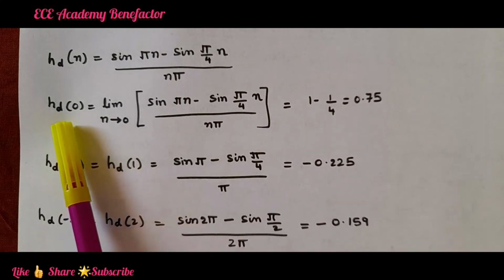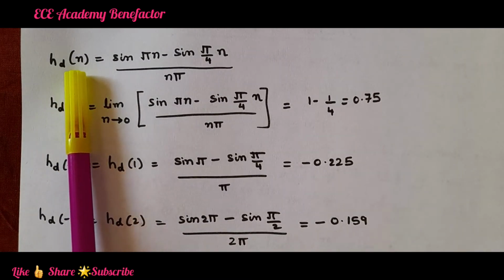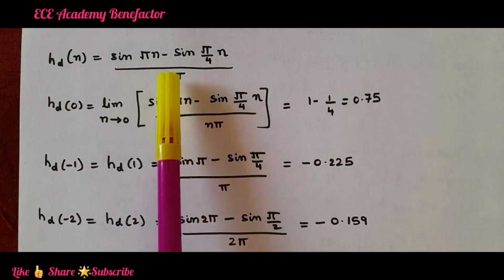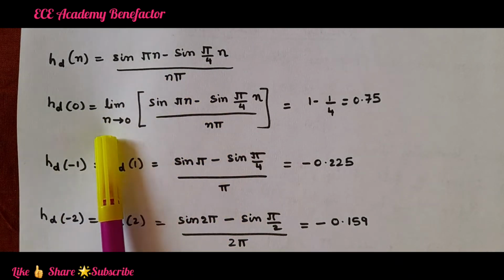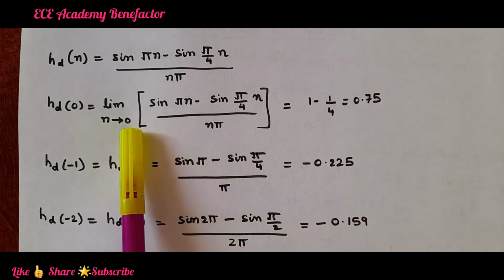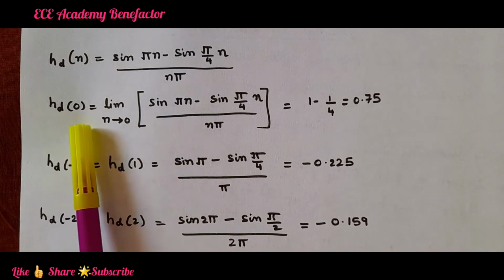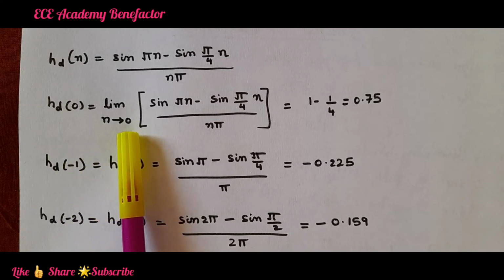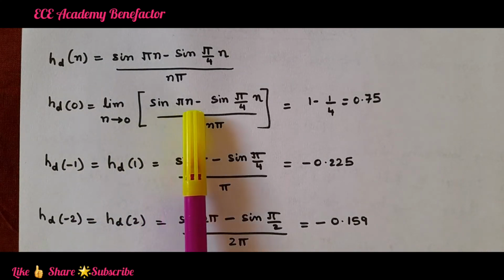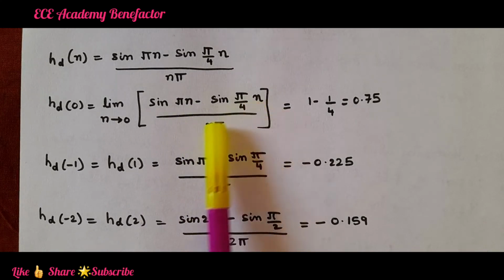So, let us find hd of 0. If we directly put n equal to 0 in this, it becomes infinite, so it is not correct. So, we take the limit n tending to 0 for finding hd of 0. hd of 0 is equal to the limit n tending to 0 of sin pi n minus sin pi by 4 n by n pi.